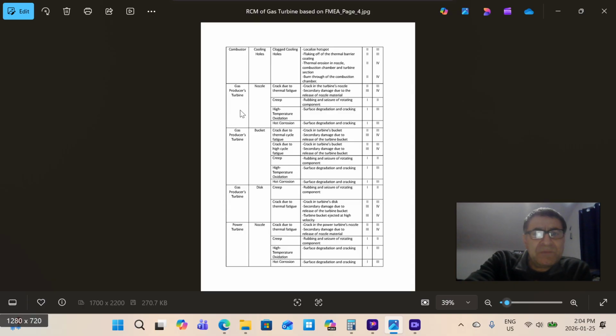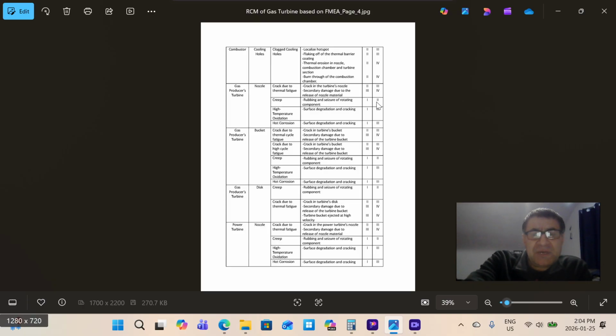Another main component, the gas producer turbine. Subcomponent nozzle, again, failure mode crack due to thermal fatigue. We have creep damage because of high temperature, rubbing and seizure of the rotating component, because the high temperature surface and the contact surface are going to be seized.